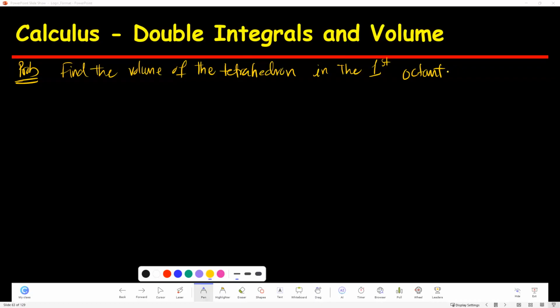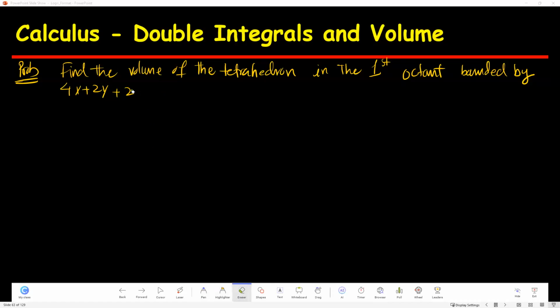When you say quadrant, it's 2D; octant is 3D. I'm going to show you what octant means. Bounded by the function 4x plus 2y plus 2, it's going to say z equals a. That is the function that is given.